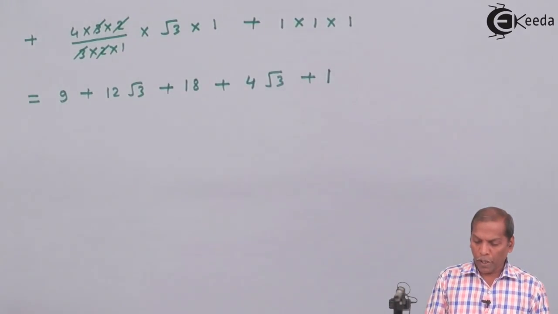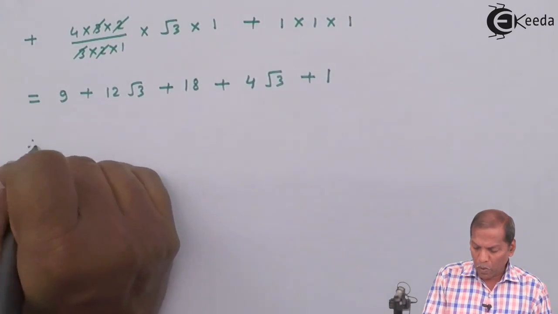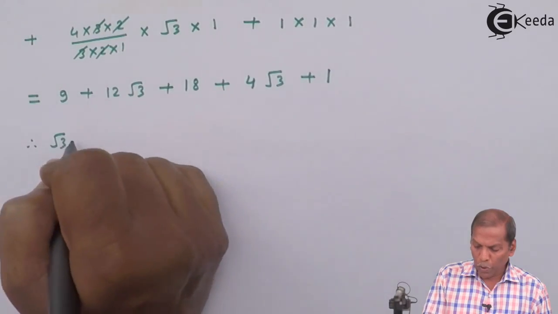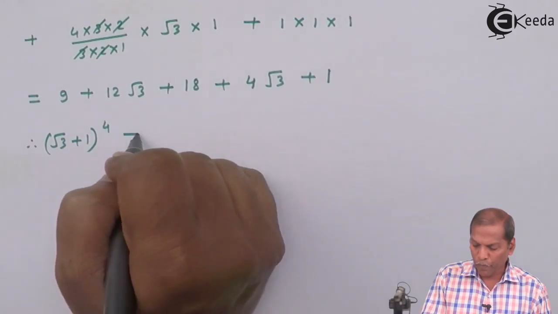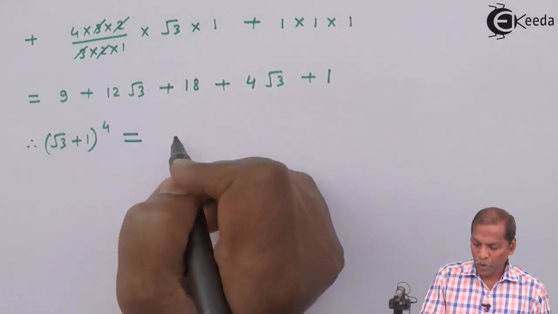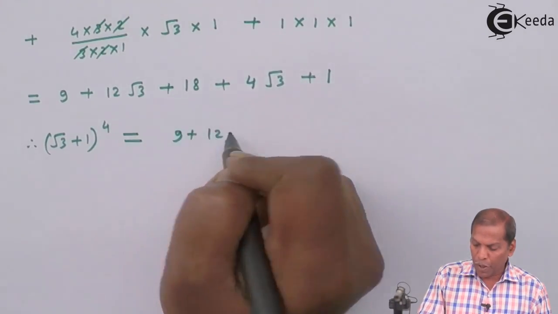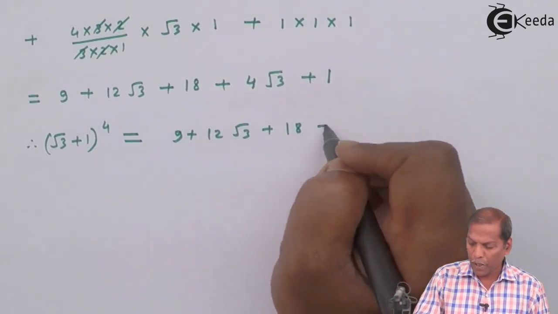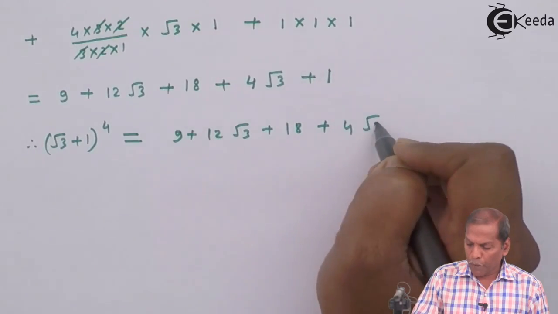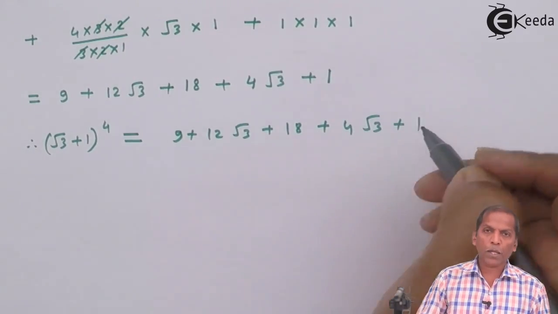So in this way we get (root 3 plus 1) whole bracket raise 4 is equal to 9 plus 12 root 3 plus 18 plus 4 root 3 plus 1.